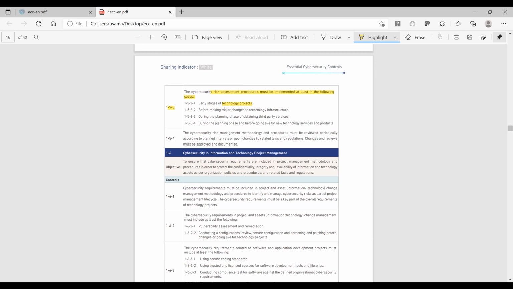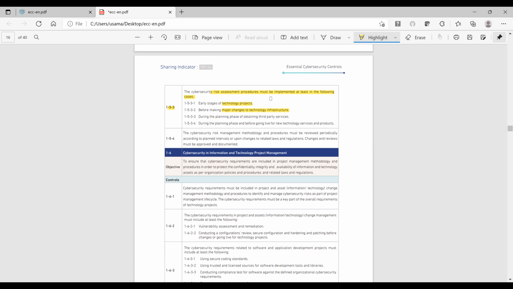Also, before making any major changes in technology infrastructure. Now I have my ERP application. It's version 1. We have to upgrade it to version 2, or I have a standard, traditional network and I want to update it to a software-defined network, or I have MPLS WAN communication and I want to change it, for example, to SD-WAN connections, and so on.